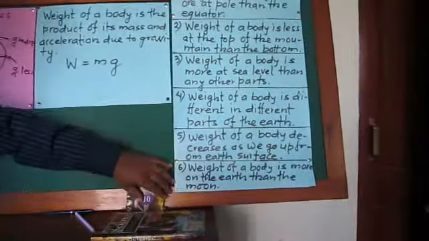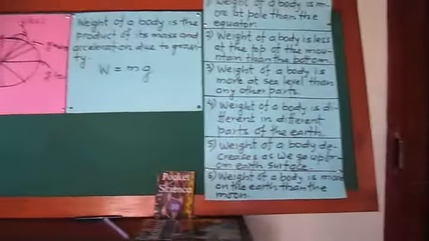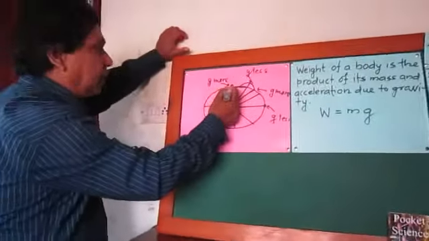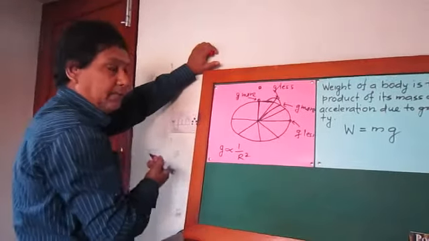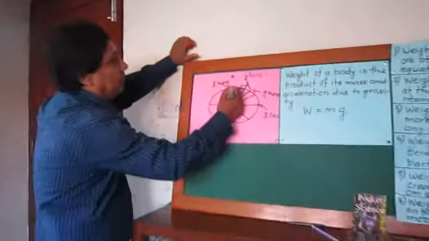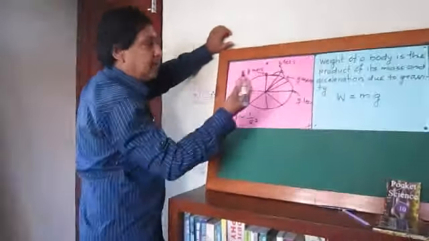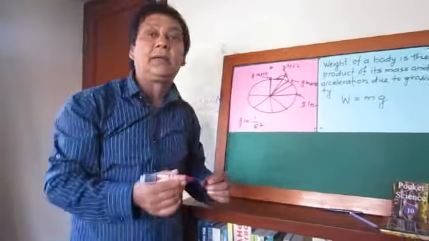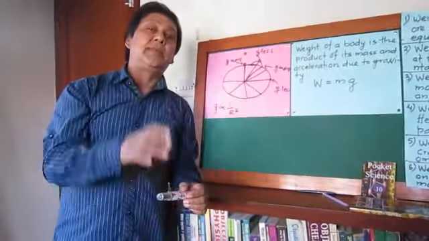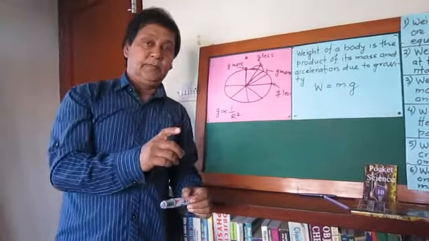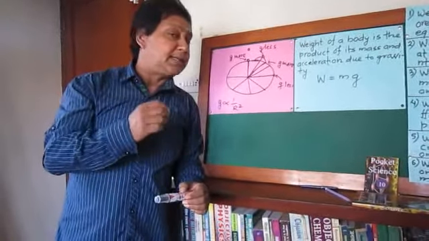Number 5. Weight of a body decreases as we go up from Earth's surface. Now let's come back here. If we are here on the surface of the earth, and we go up somewhere here with this body, then weight of the body will be less at this place but more at this place. What is the reason? Now I want to recall gravitation. When I defined gravitation, it was defined like this: the gravitational force between two bodies is inversely proportional to the square of the distance between their centers.